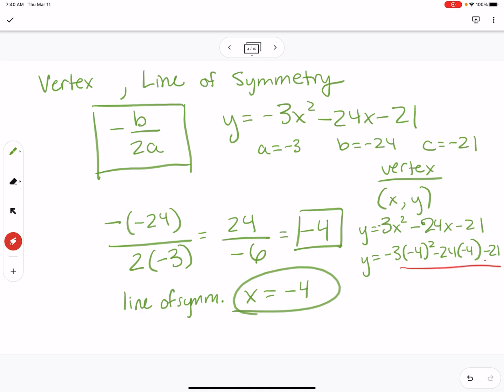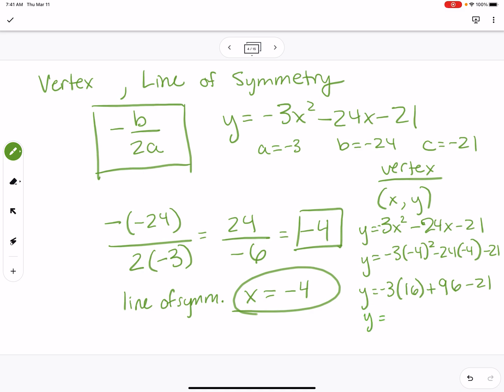We need to simplify this right side. And so this negative 4 squared, remember that means negative 4 times negative 4. So I'm going to leave this negative 3 for now. That would be 16. Negative 24 times negative 4 is going to give us a positive 96. And then I'm going to leave that minus 21 for now. I'm just simplifying.